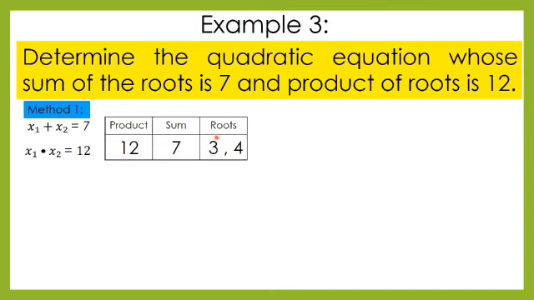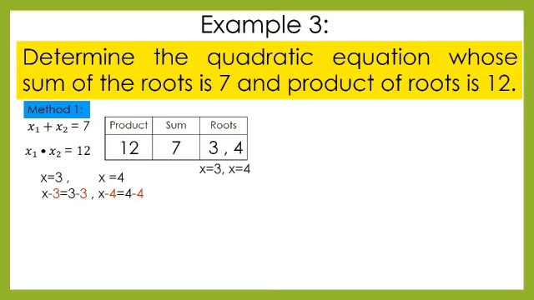This will be the roots of the quadratic equation. After getting the roots, we will write this in this form. x equals 3 and x equals 4.